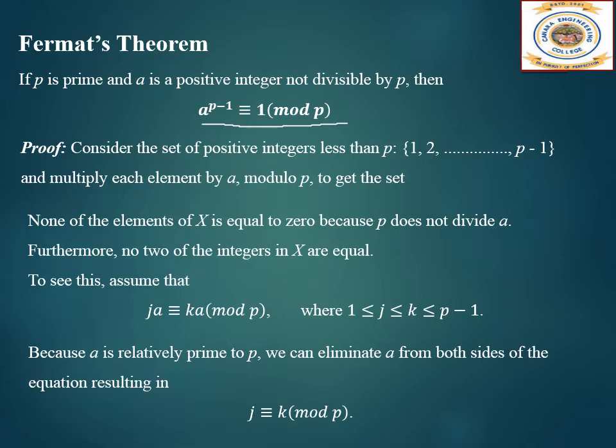Consider the set of positive integers less than p, that is 1, 2 up to p minus 1. Now we have to multiply each element with a mod p to get the set.